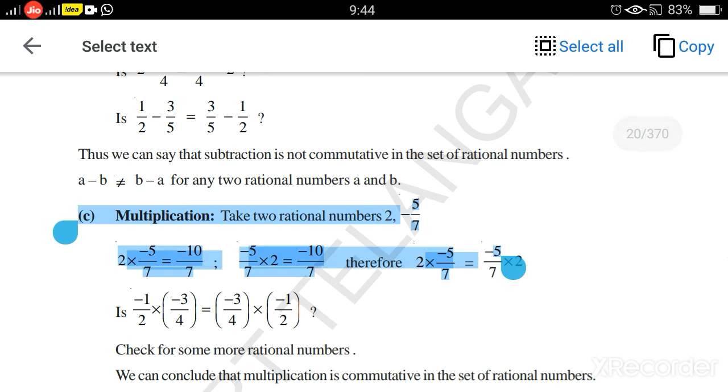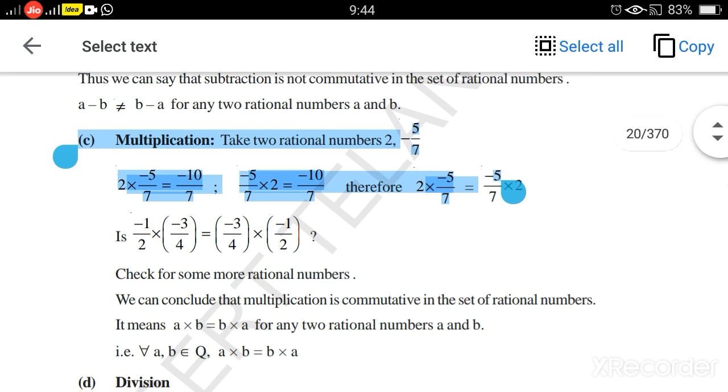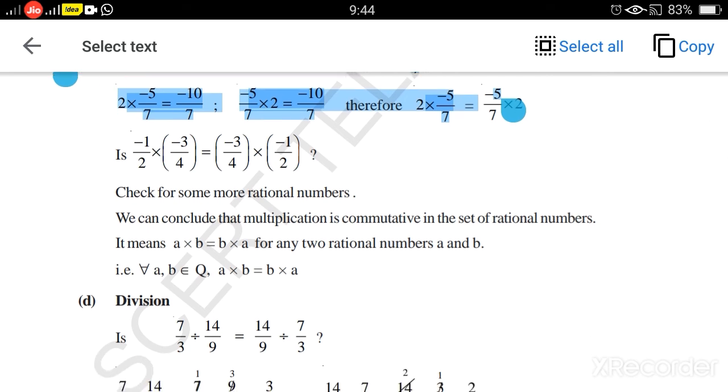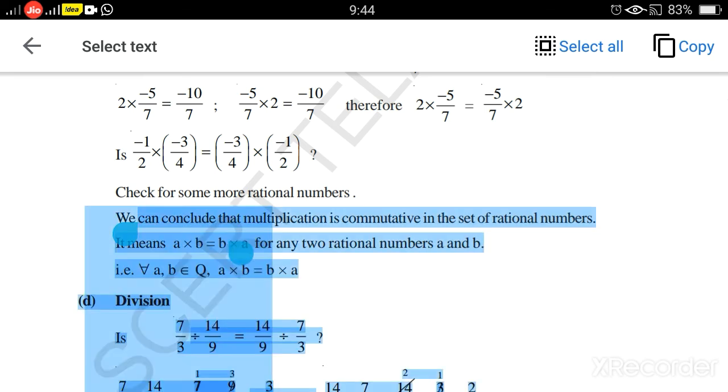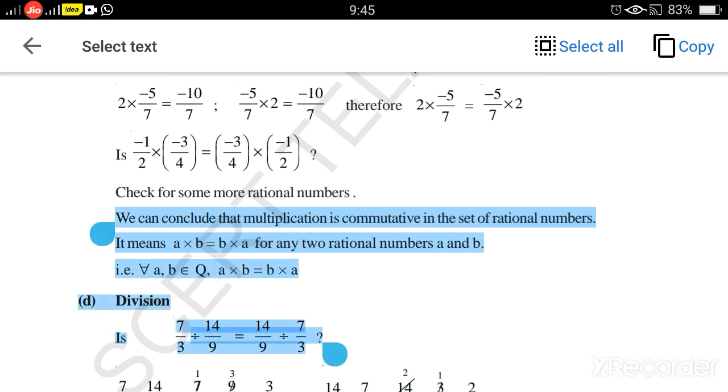So what about multiplication? Take two rational numbers and multiply. 2 into minus 5/7 is minus 10/7. Then minus 5/7 into 2 is also minus 10/7. Both ways we get the same answer, so it is satisfied.